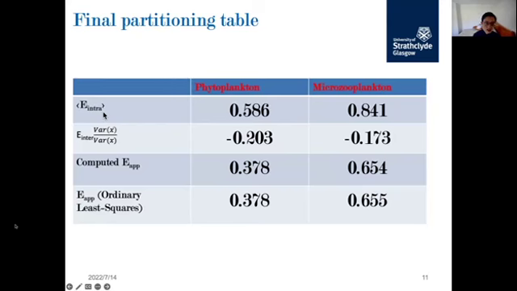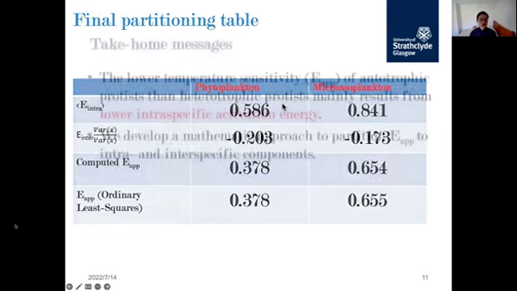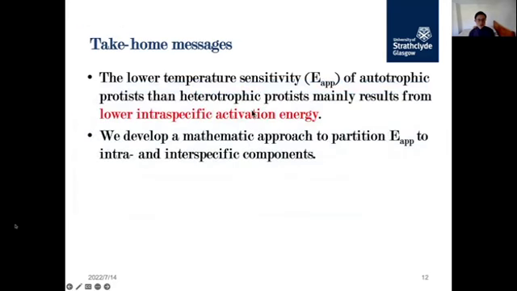So it is the within-species temperature response that determines the difference in temperature sensitivity between autotrophs and heterotrophs. The key message is that the lower EAPP of the autotrophs comes from the intraspecific component.